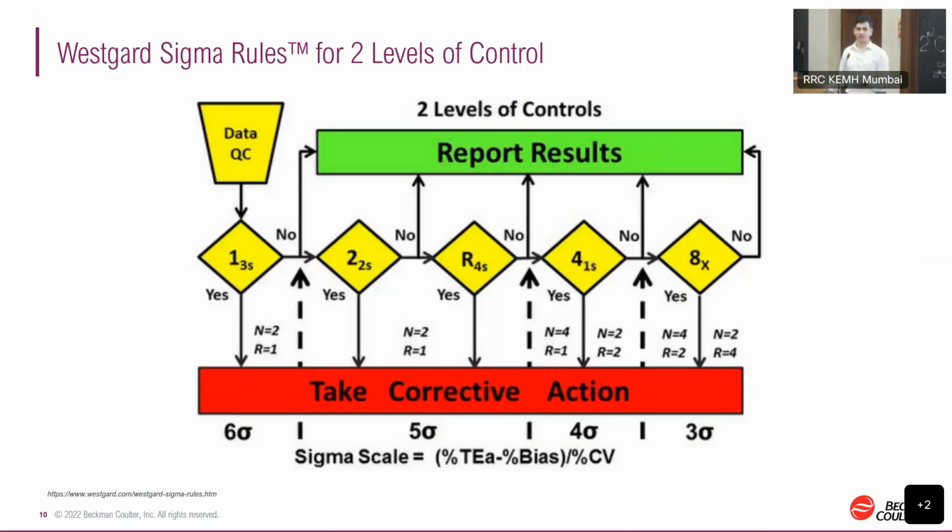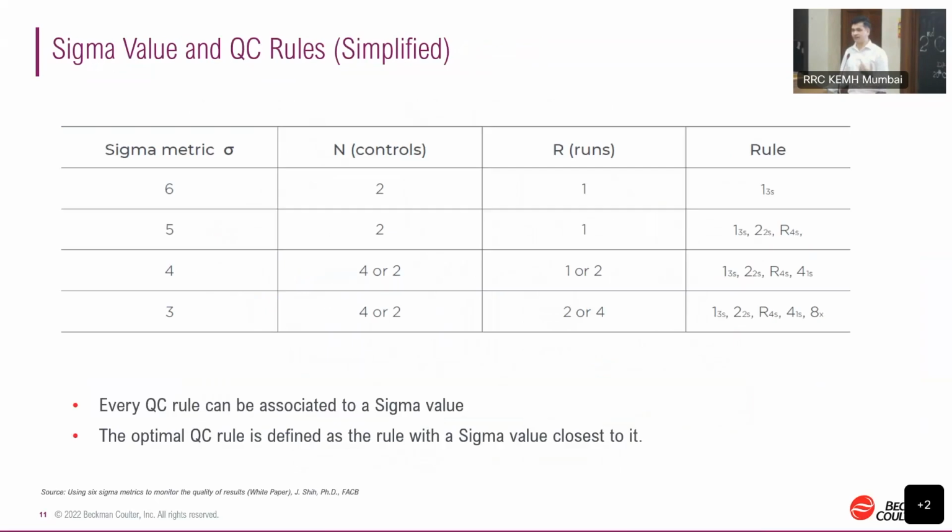Otherwise, you can release the results. I will just share the simplified version of these rules. So let's say your assay is performing at 6 sigma. If you are running 2 levels of control, then if one run exceeds 1-3S, only then you take action.